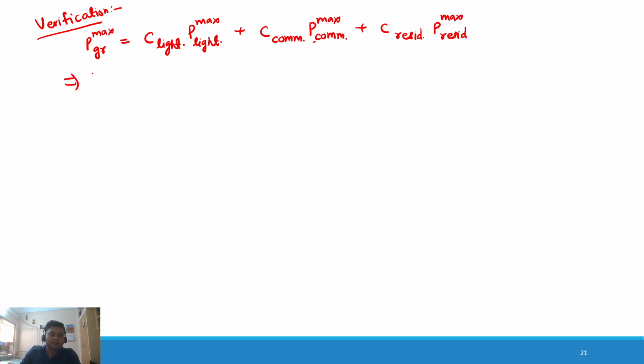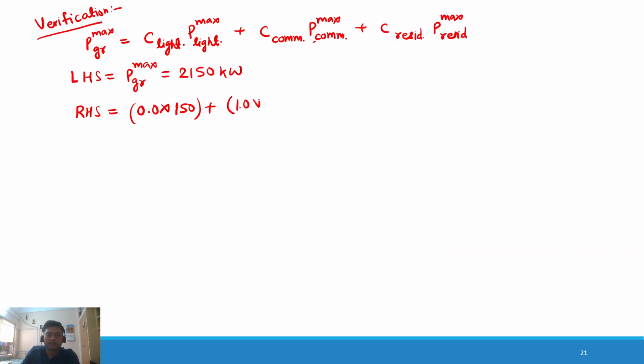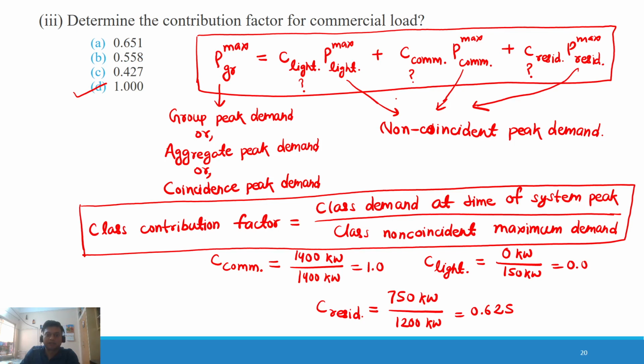So on the left hand side we have the aggregated maximum demand, that is 2150 kilowatt, and on the RHS we have, for lighting load, contribution factor 0.0 into lighting maximum demand 150, plus the contribution factor for commercial load 1.0 and maximum demand for commercial load 1400, plus residential load 0.625, with maximum demand for residential load 1200.